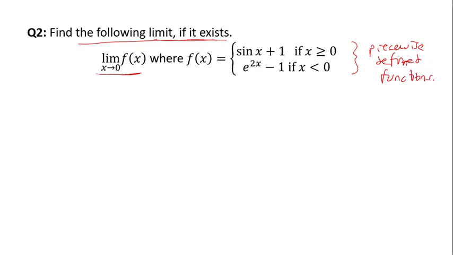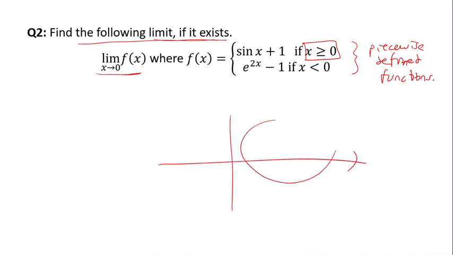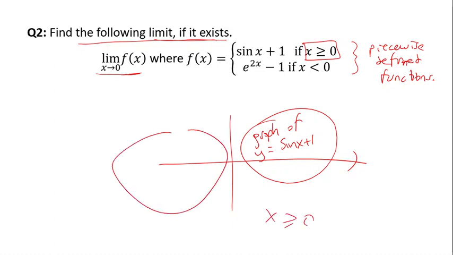Now here, if x is bigger than 0, for this part here we'll have the graph of sine x plus 1. And for this part here, this is x bigger than 0, and this is x less than 0, we will have the graph of e to the 2x minus 1.